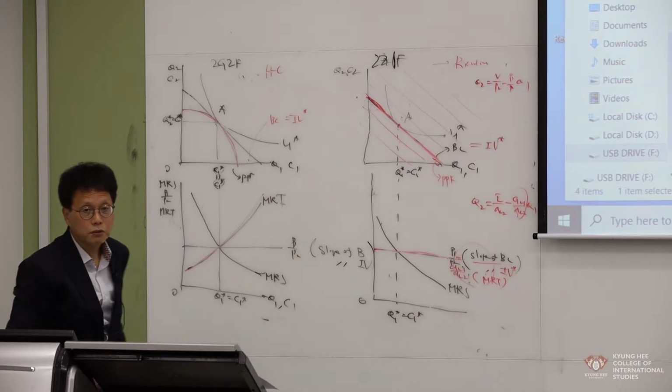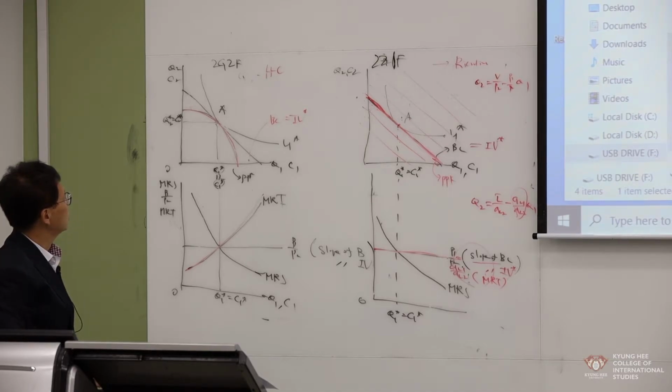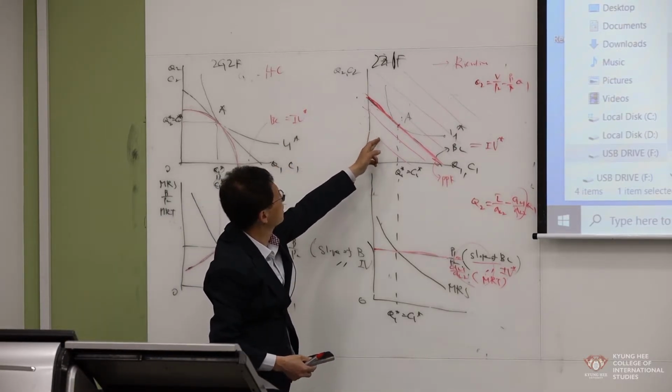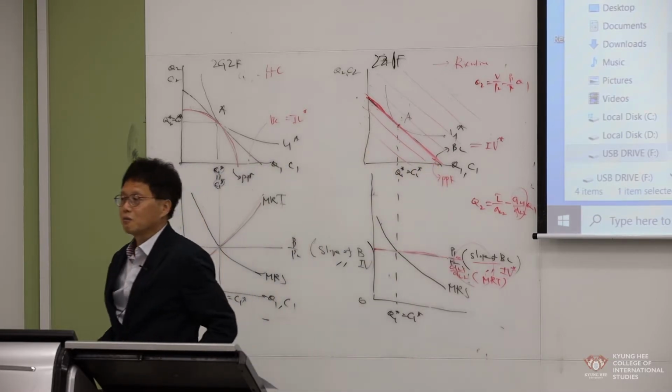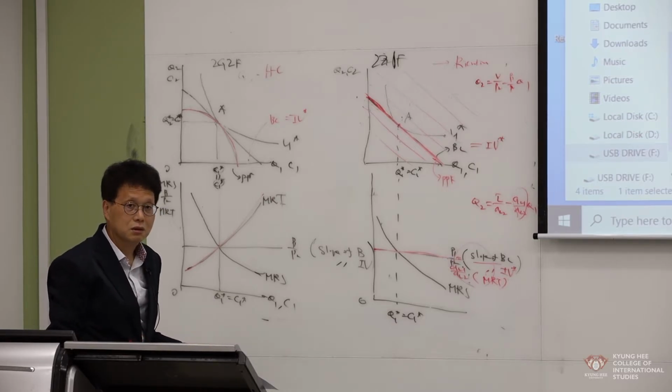Okay? Before I quit this explanation, I'd like to explain one more miscellaneous thing. Anyway, in the two-good two-factor case or the two-good one-factor case, we know that the budget constraint coincides with the maximized iso-value line. What's the meaning of this?